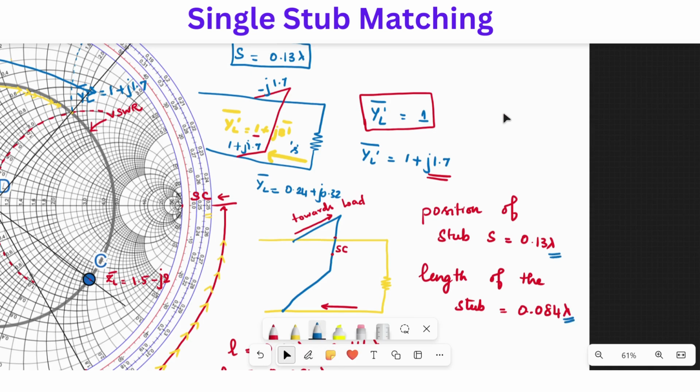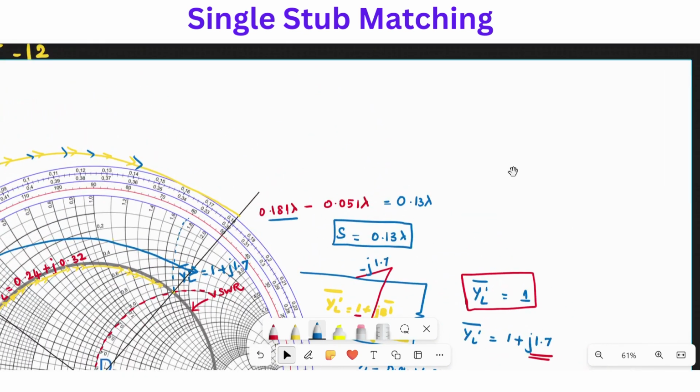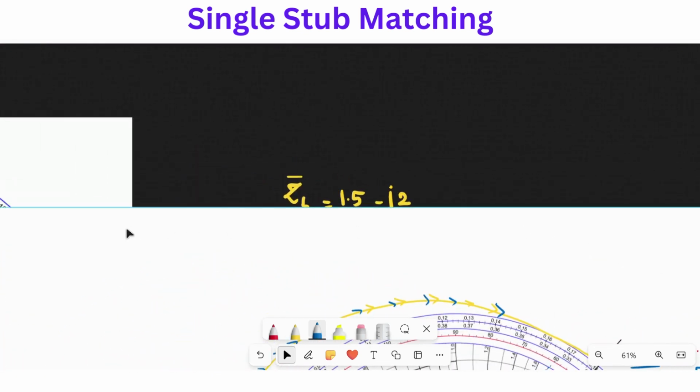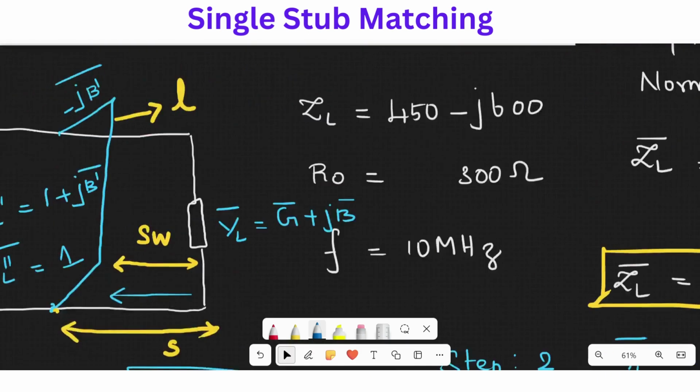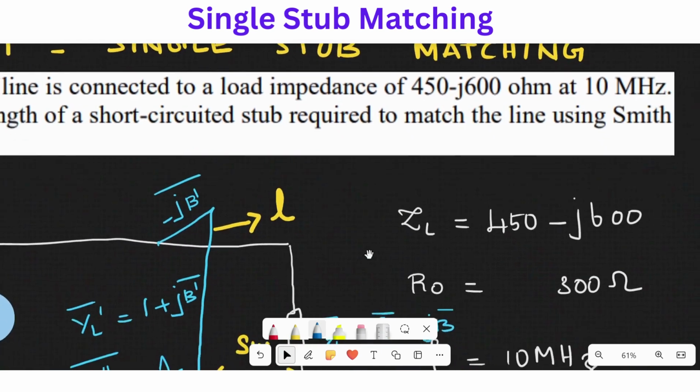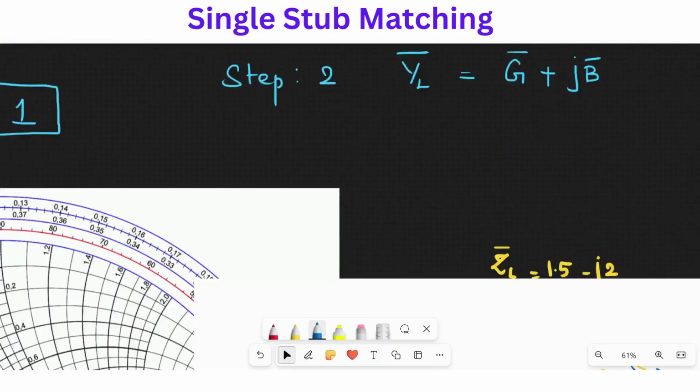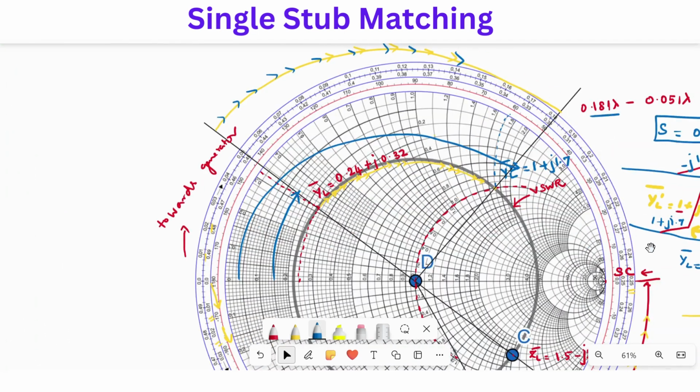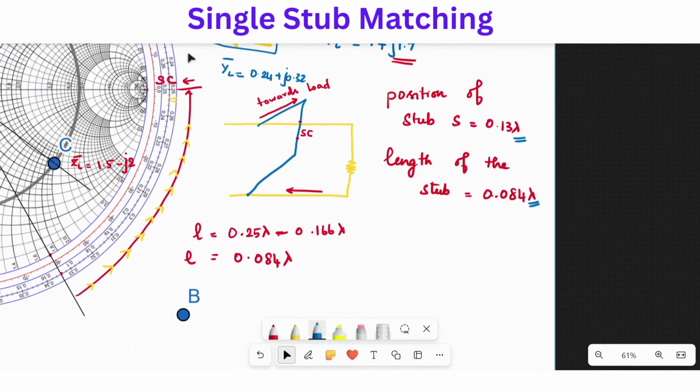Now all the units, as you can observe, are in lambda. We have to convert lambda into meters, right? For that, in the problem, they have given important information. They've given the frequency of operation as 10 megahertz. So lambda is equal to C divided by F. C value is 3 into 10 power 8 divided by F, which is 10 into 10 power 6. So it is 30 meters.